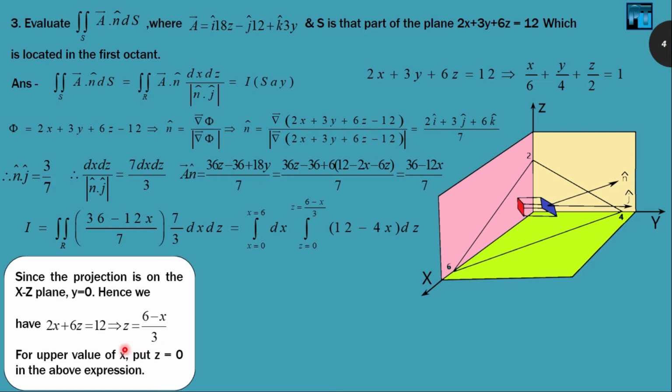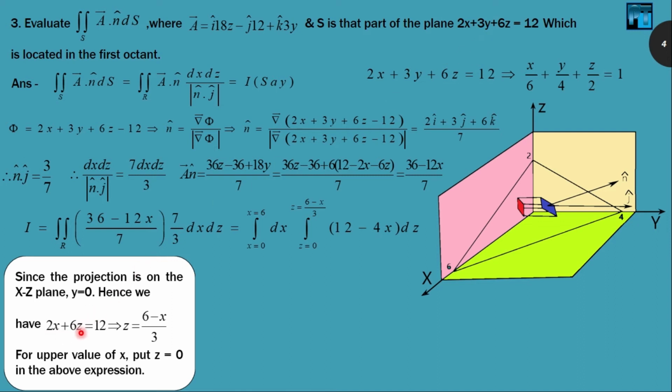Now for further, put z equals to 0. So we are left with 2x equals 12, then x equals 6. So the limit of x is 0 to 6. Clear? I repeat this one more time. Since y is not present here, we can drop y by putting y equals 0.